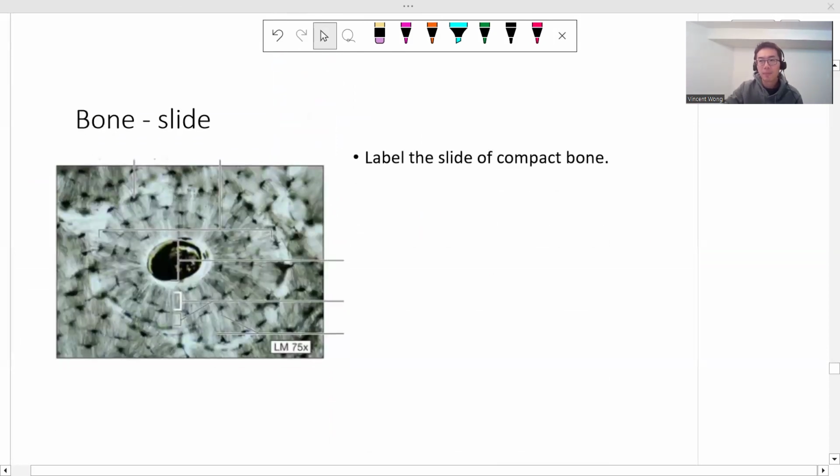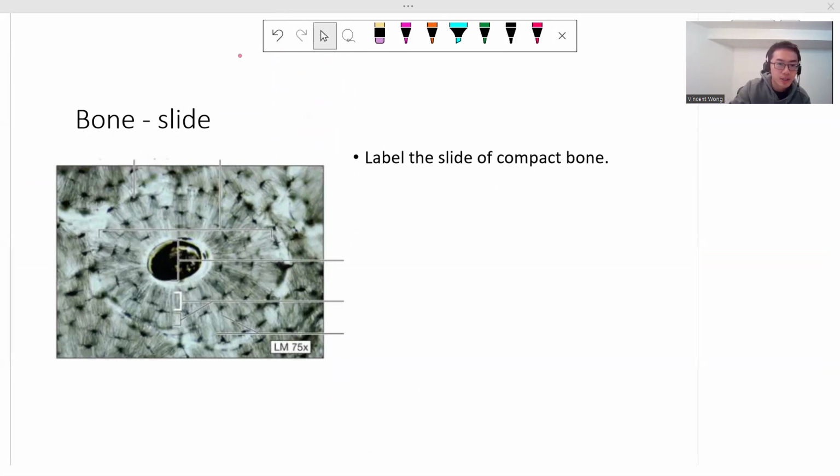And label the compact bone. Oh, where do we begin? So many things here. Well, first of all, we have a whole circle here. That would be an osteon, which is a structural unit of the compact bone. Remember all these 3 rings that we drew together?